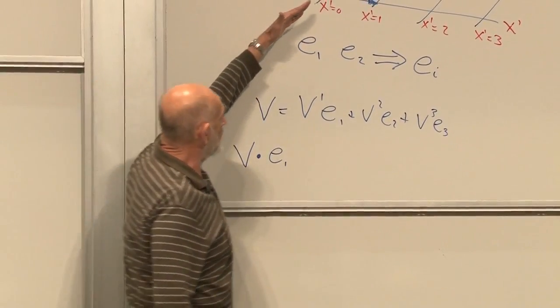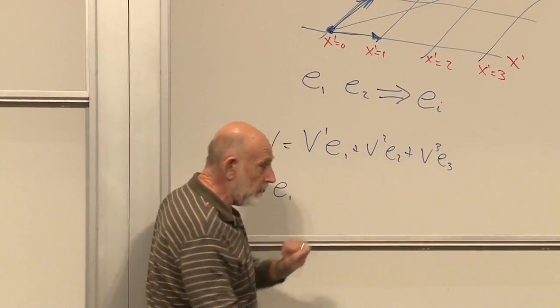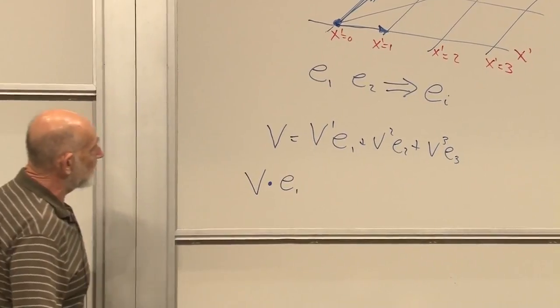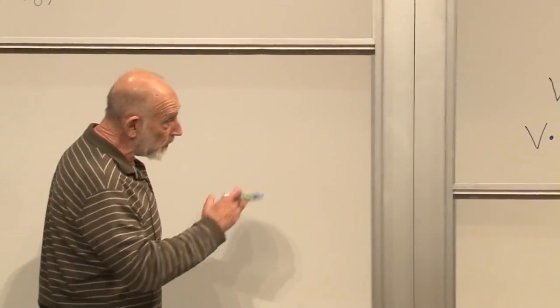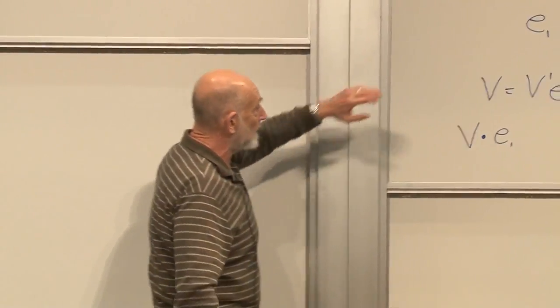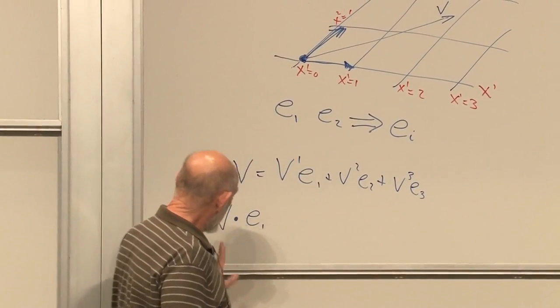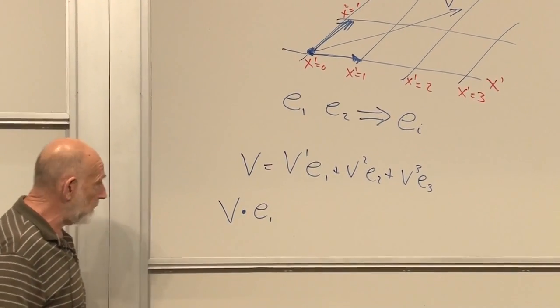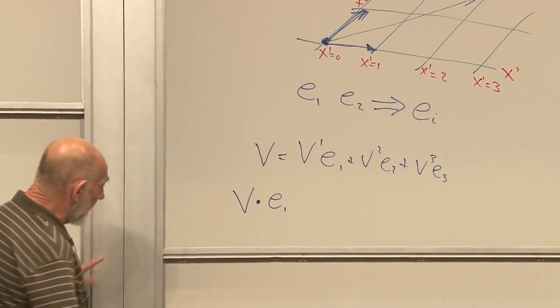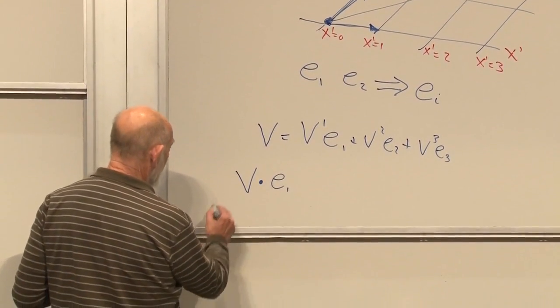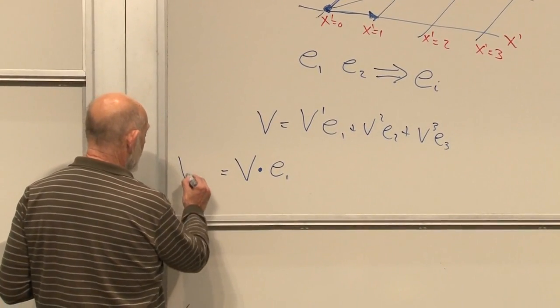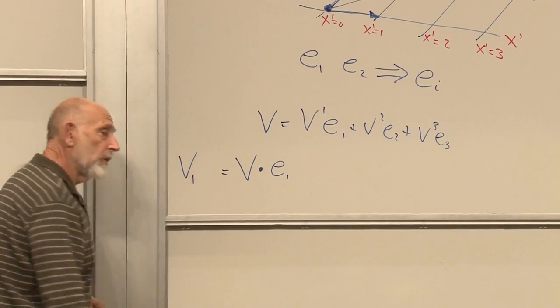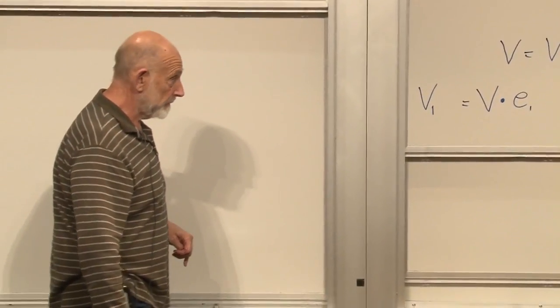However, when we have a peculiar coordinate system with angles and with non-unit separations between the successive coordinate lines here, this is not true. So let's see if we can work out what V dot e1 is. Incidentally, V dot e1 is called V sub 1 with a covariant index.